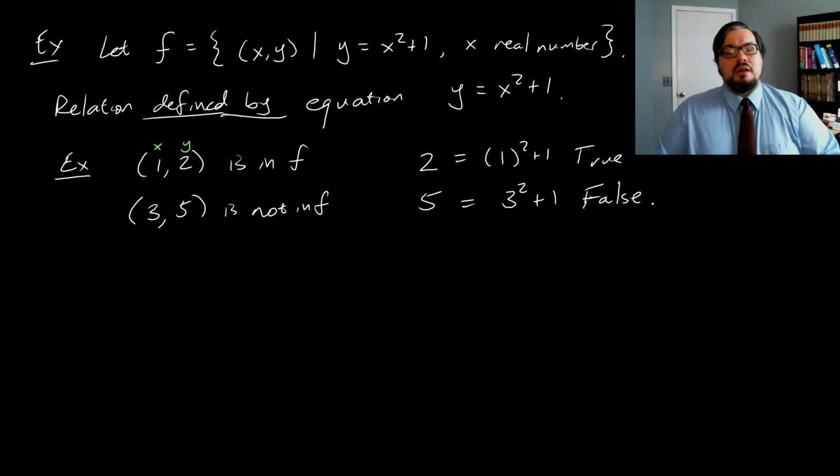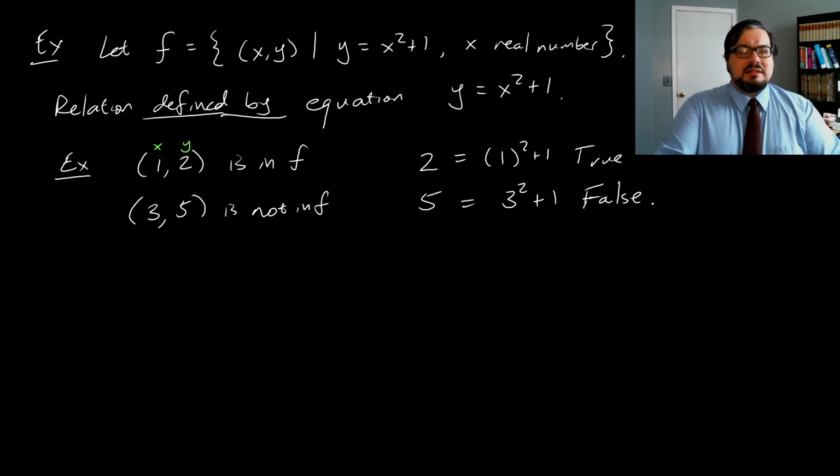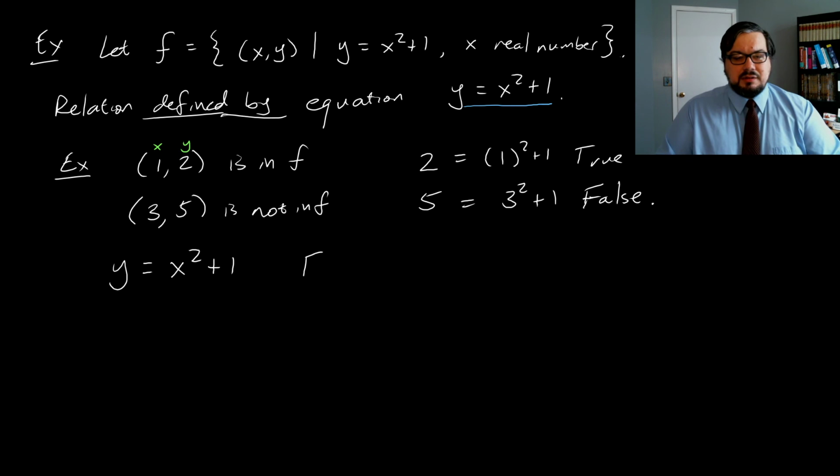So this relation is an example of the type of relation we're going to call a function. And the reason for that is the following. Because we've got a relation defined by an equation, and the equation is of this form, y equals something involving x, we have the following fact.